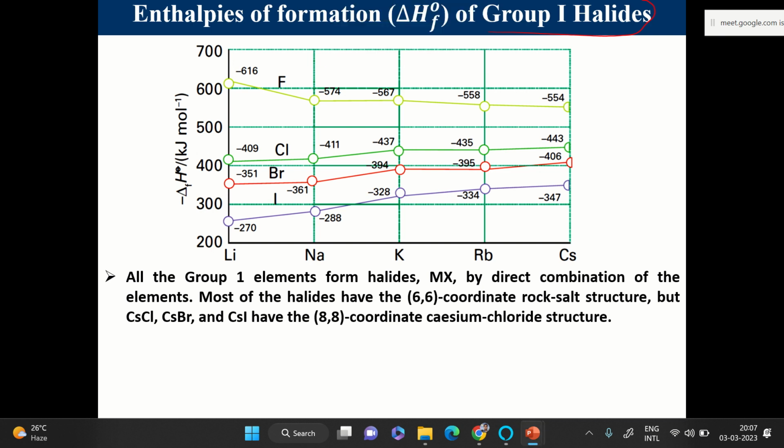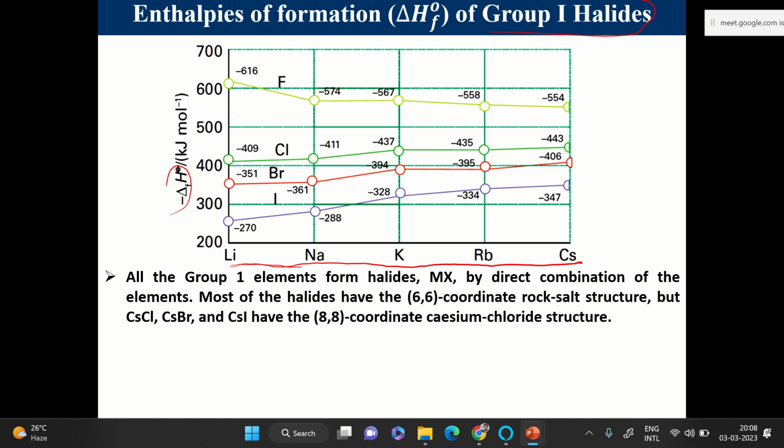If you look at this graph, it shows delta H formation on the y-axis, and on the x-axis you have the atomic number: lithium, sodium, potassium. So down the group the elements are arranged in order of increasing atomic number, increasing proton number, and then you get this kind of graph.